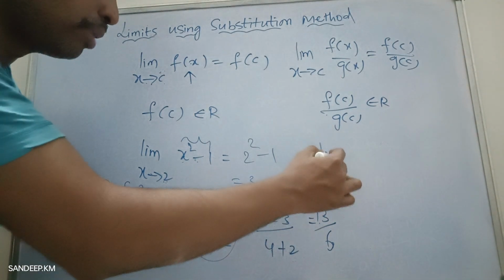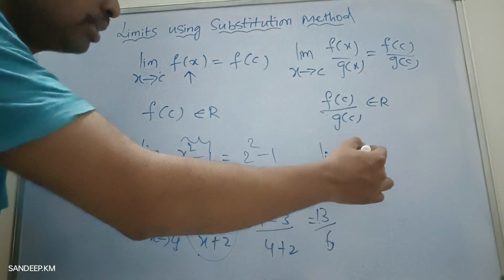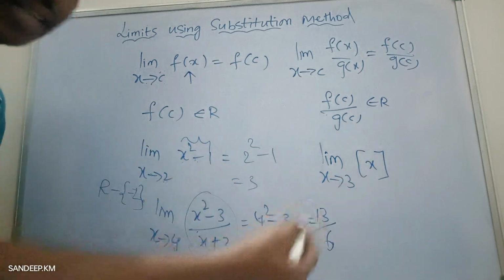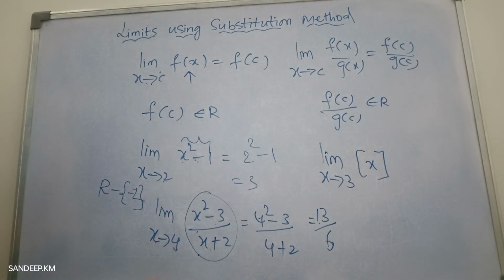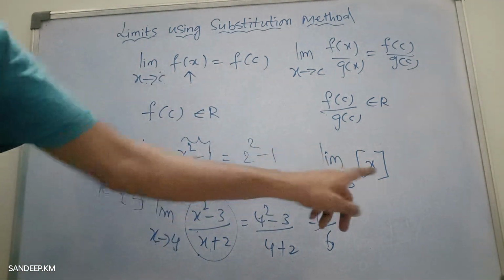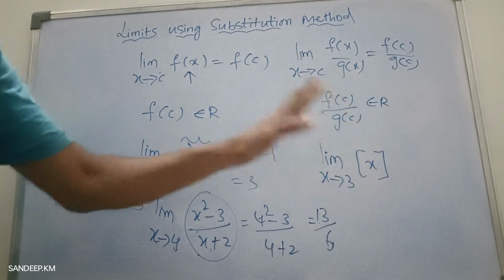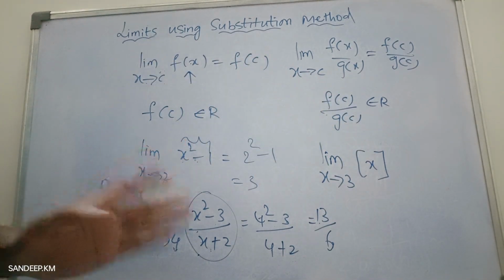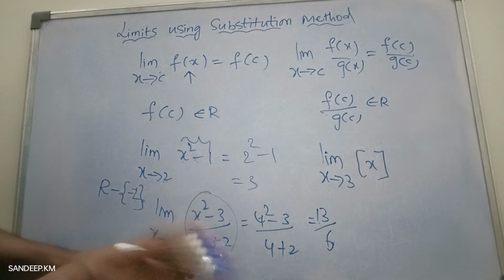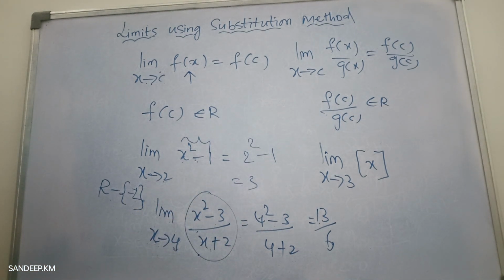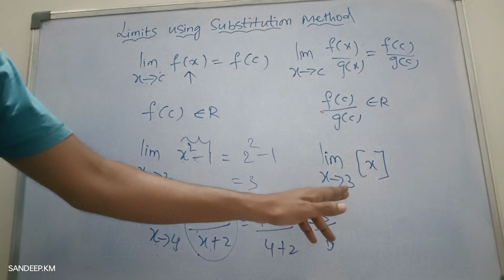Look at this example: limit x approaches 3 of step x. Our first example when we are using LHL and RHL. I told you already, if you find a step function, immediately go for LHL and RHL. But once again, check whether the substitution method works or not.